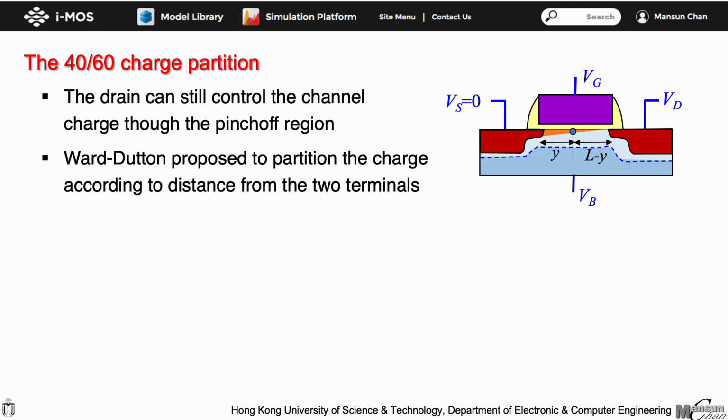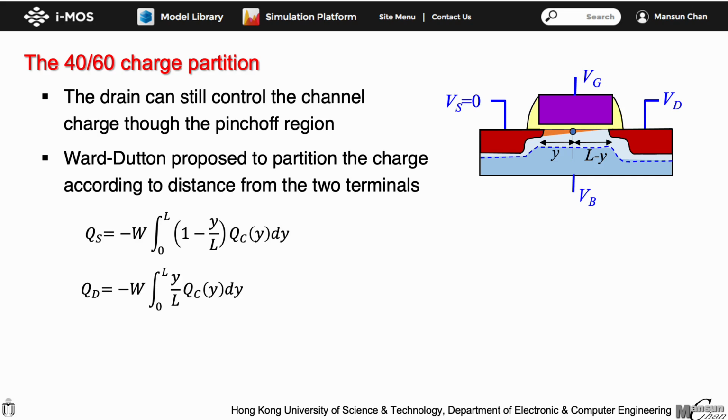To account for this, Watt and Dutton of Stanford University proposed a geometry-based charge partition scheme. They argue that the charge controlled by the 2 terminals should be the weighted sum with respect to the normalized distance where the charge is located between the source and the drain. Using this approach, we can write the drain charge and source charge in terms of the weighted sum of the charge times the distance from the terminals, which is given by the 2 integrals as shown here.